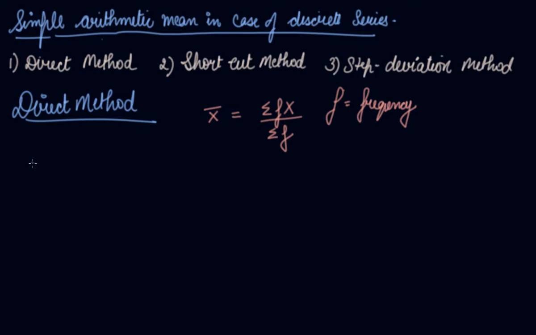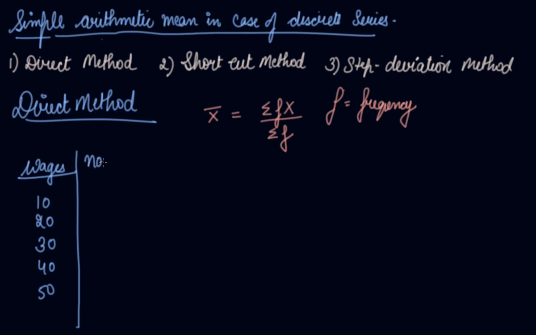Following are the weekly wage earnings of 19 workers. Wages are given to you: 10, 20, 30, 40, 50.